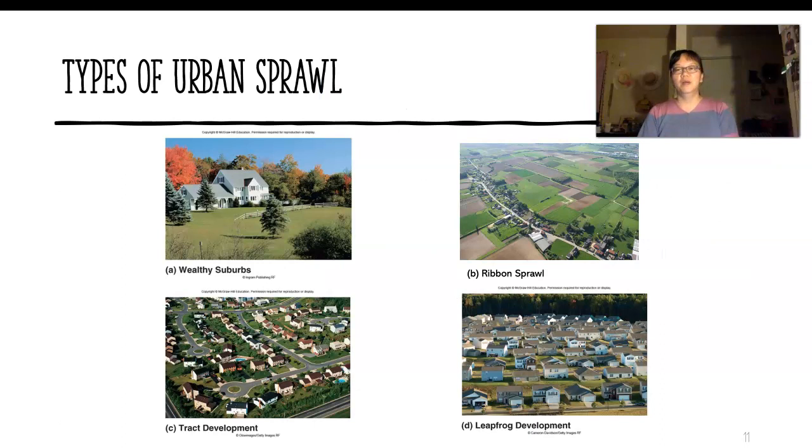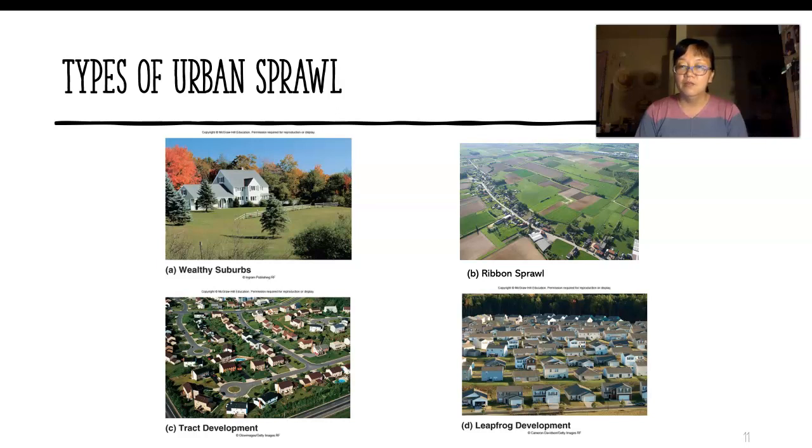Those two practices cause the consequences of urban sprawl. If we look at picture A, that's wealthy suburbs. Those people have a lot of space, a lot of land, a lot of freedom, a lot of natural space.